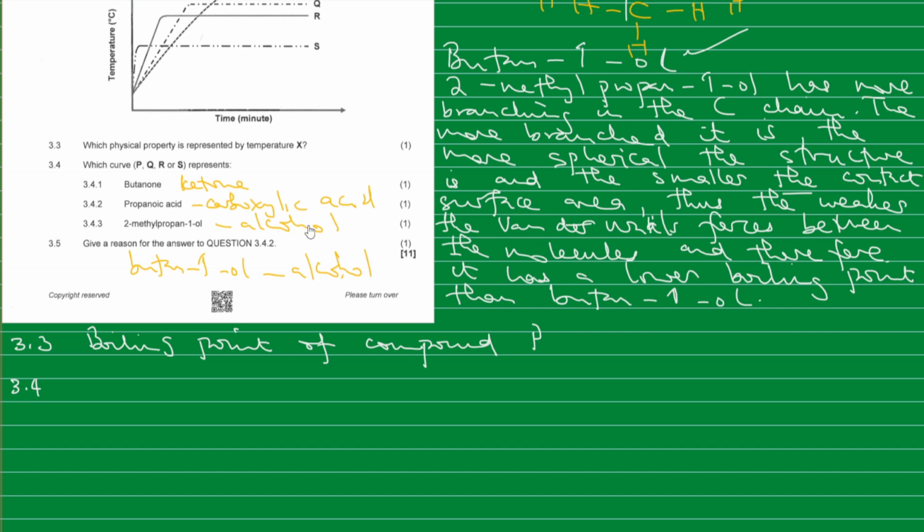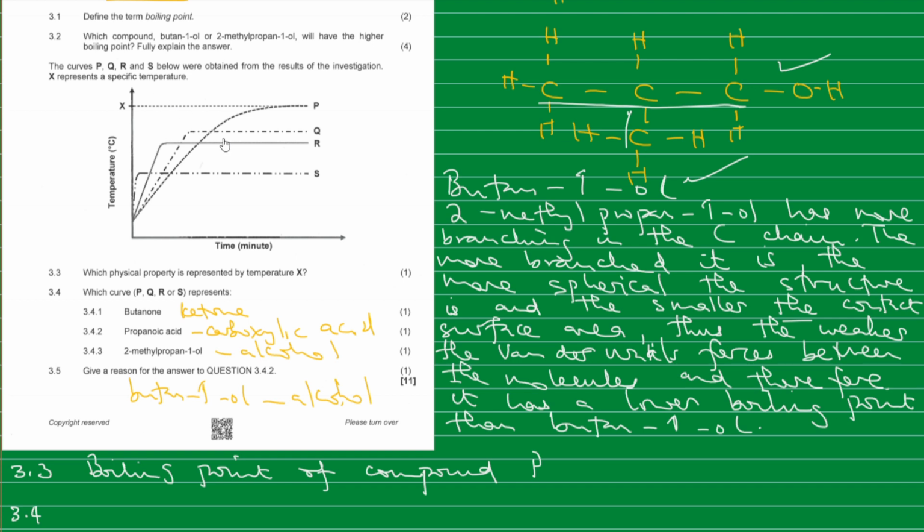But alcohol has got stronger hydrogen bonds than the carboxylic acid. So if we are to arrange them, the lowest graph has got the lowest boiling point. This one would be the ketone, because it is the weakest. So our ketone here is our butanone. So you can see that the curve S is for butanone.